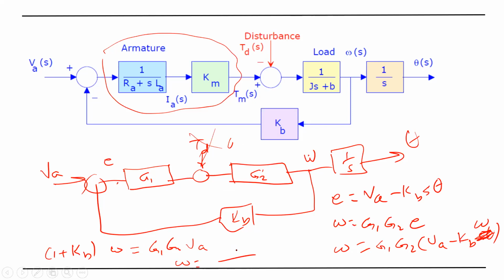Yes, it's correct, you are right, thank you. So it's going to be 1 plus KB G1 G2, or omega equal to G1 G2 over 1 plus KB G1 G2, times VA. If you want theta, multiply everything by S, and you will get it.